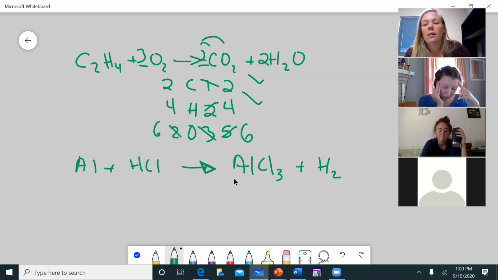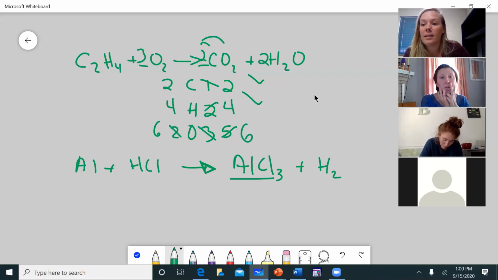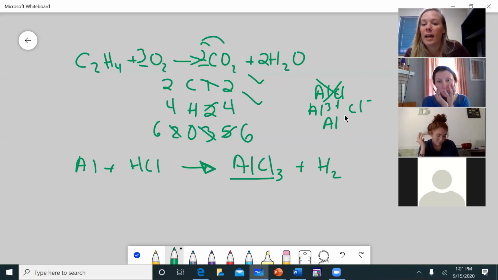Real quickly, looking at this, why is this combined as AlCl3? Why didn't the writer put it as AlCl? Not correct. This is the correct way, because if you remember, aluminum has a 3+ charge, chlorine has a -1 charge. When we flip flop, we get AlCl3, and that's where that's coming from with the metal.